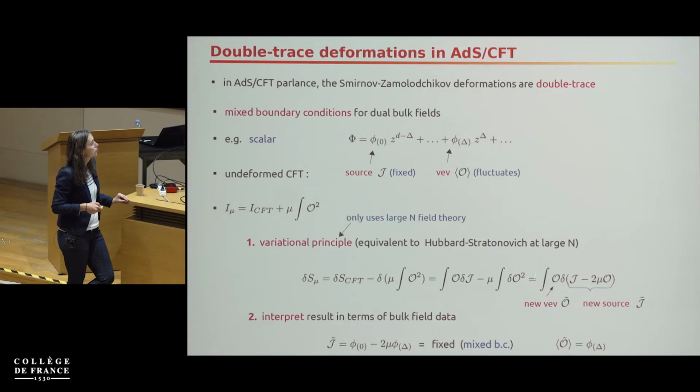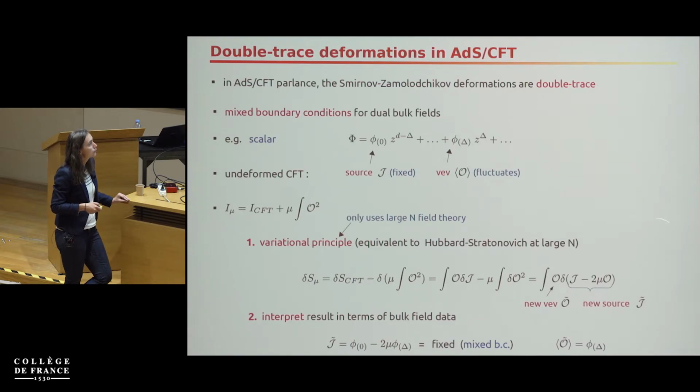And then I'm trying, in the deformed theory, to reinterpret this whole thing as a new VEV times delta of a new source. By recombining those, I can read this off. So basically, I get that the source in the deformed theory is given by the old source, the source in the undeformed one, minus 2 mu times the expectation value, so something like that.